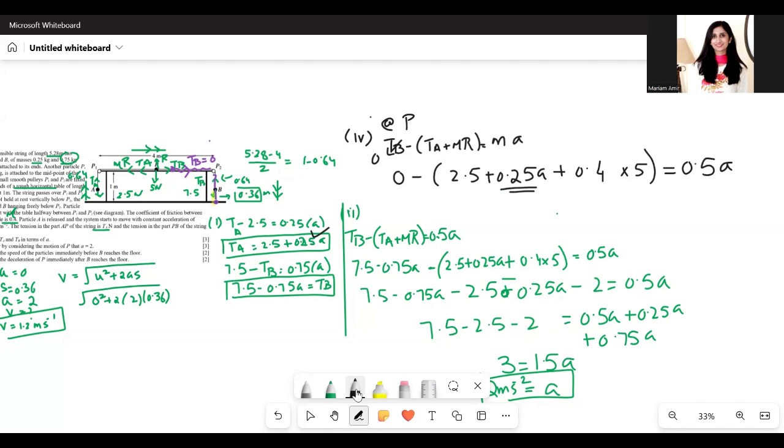Bring the a to the same side, so minus 2.5 minus 0.25a minus 2 equals 0.5a. This becomes 0.75a equals minus 4.5, which gives a equals minus 6 meters per second squared.